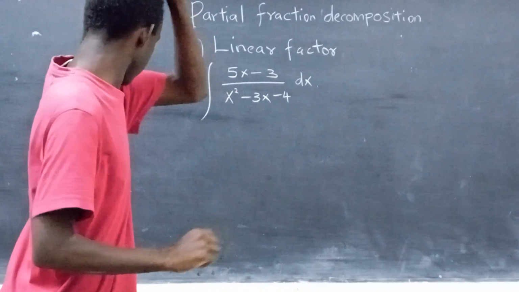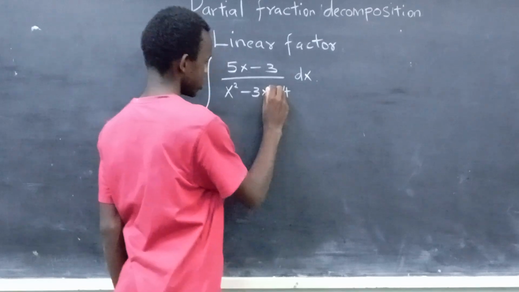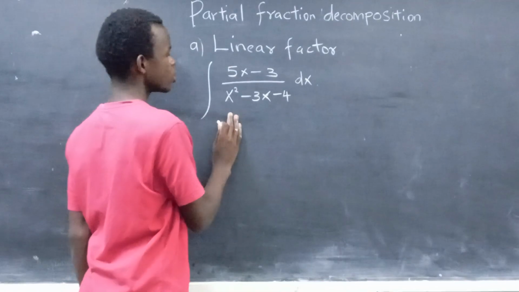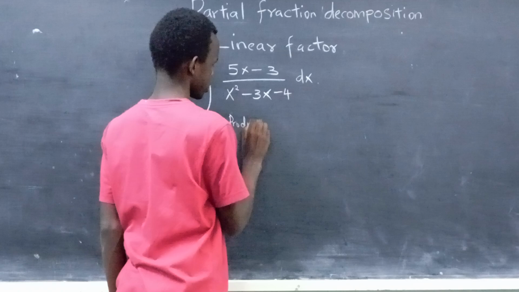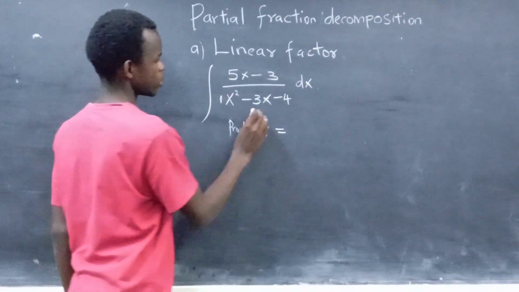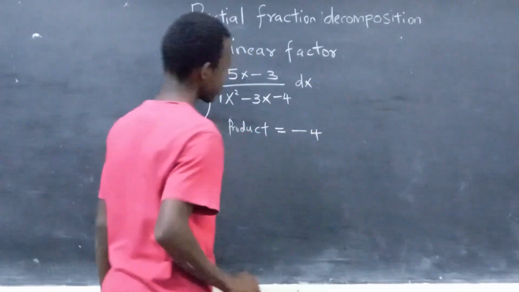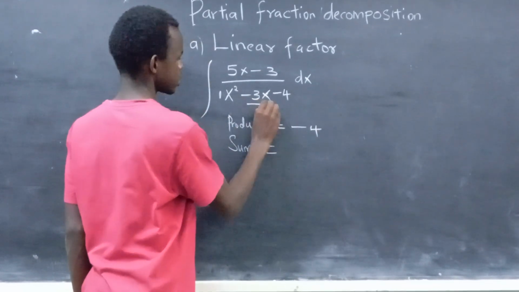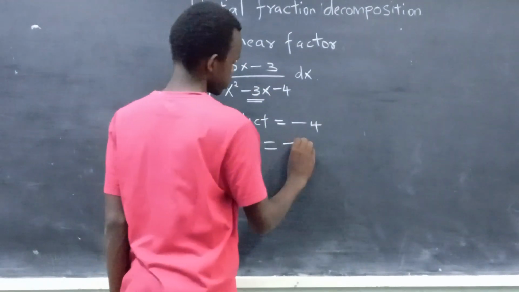From there, as we said, you factor the denominator. So factoring our denominator, we use product and sum. Our product is the coefficient here multiplied by this, so our product is minus 4. Then our sum is the same as b, so it's just minus 3.